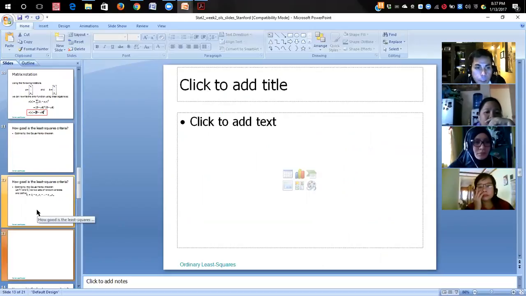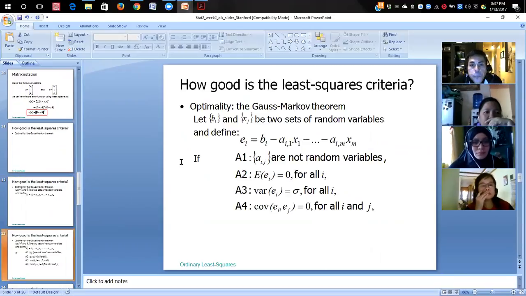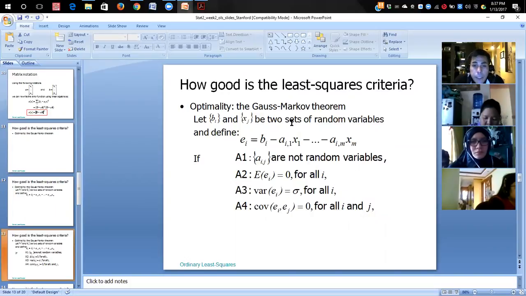Again, the Gauss-Markov theorem is looking at optimality at all time. As I've mentioned, we're looking at the achievement of BLUE, which is your best linear unbiased estimator, BLUE. And these are the different mathematical definitions of that theorem.